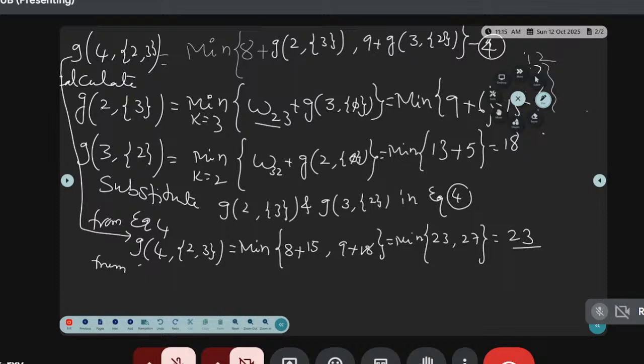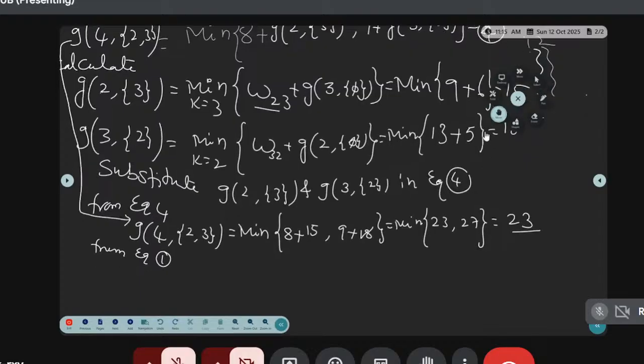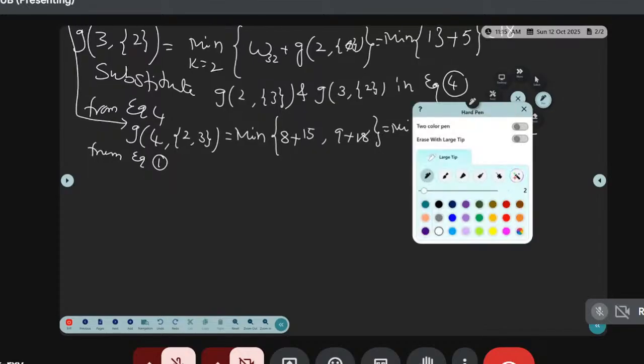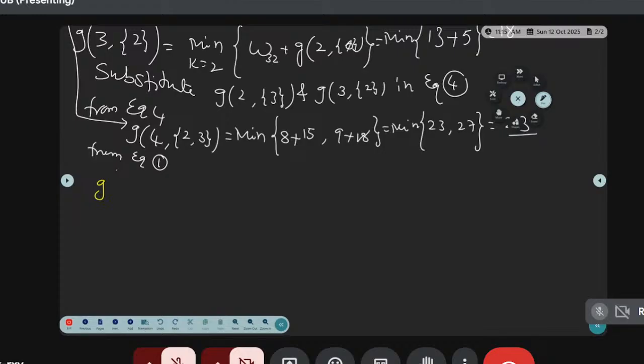From equation 1, what equation 1 says? G of 1 comma V minus 1, minimum of 2 less than or equals to k less than or equals to 4. Equation 1 I am writing again.